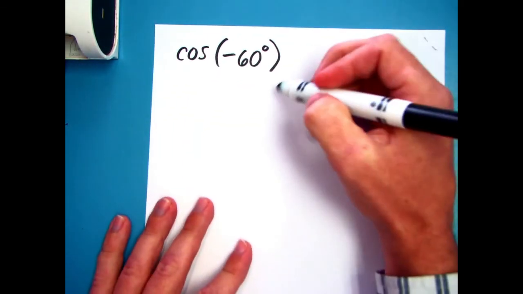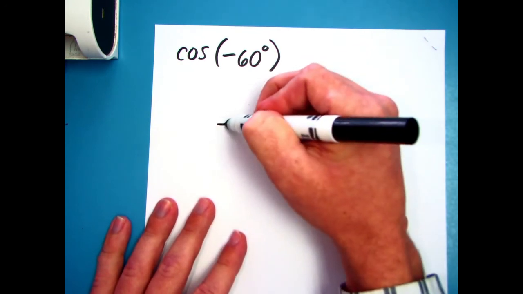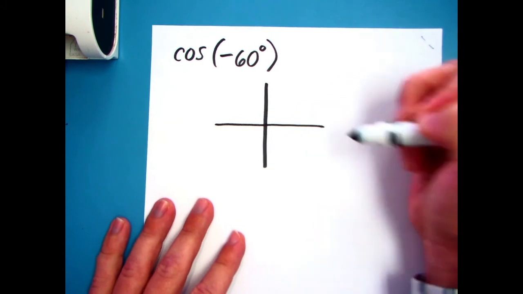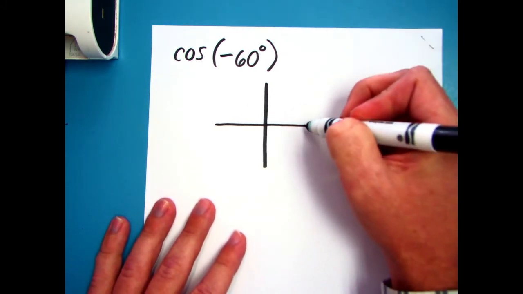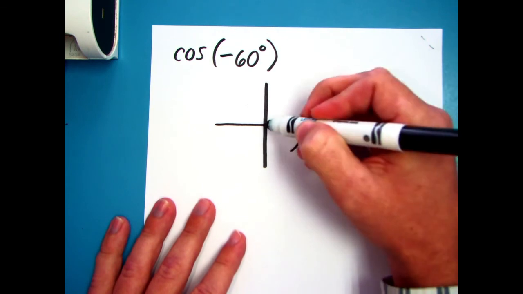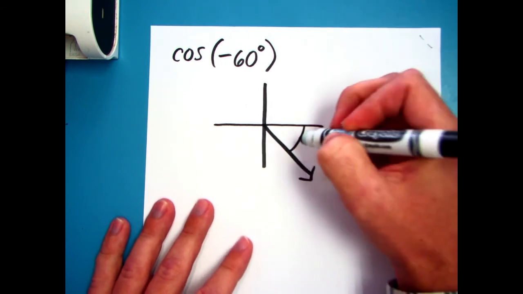One final problem. Let's do a negative angle. The cosine of negative 60. If I draw the angle negative 60 in standard position, that puts me in quadrant 4.